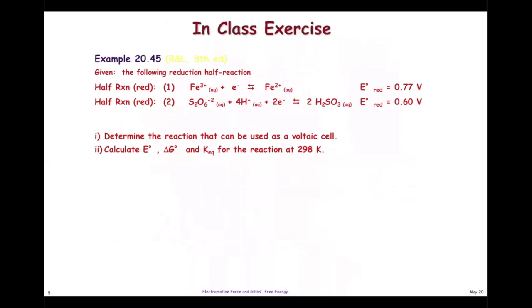So let's take a look at this example. This is an example that you might see. Usually I would allow you guys to work this out. And in the process of working this out, you guys should notice that the iron undergoes reduction.